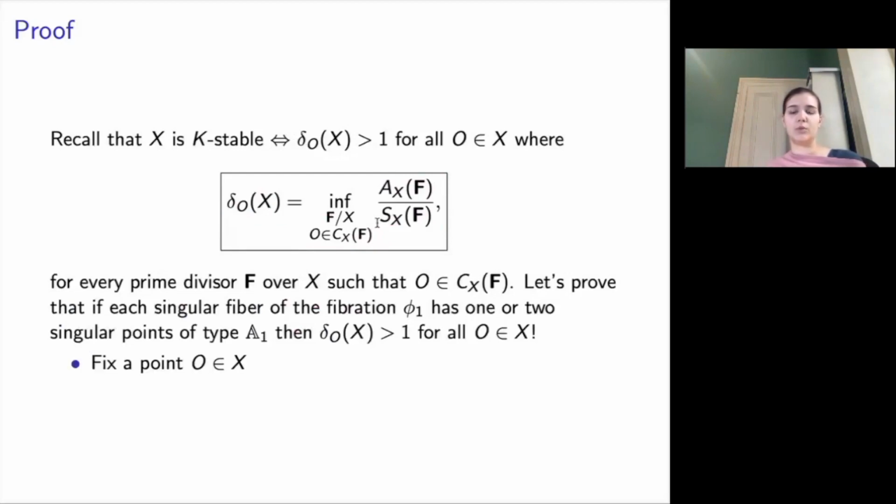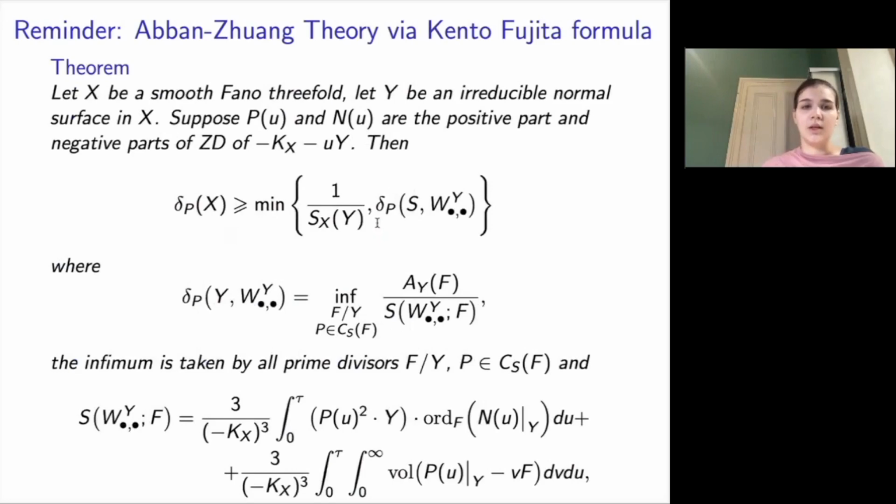So basically, we need to show it for all the points, all such points in X. So we start from any point O in X. We fix it. Now, as we mentioned in the first part of the talk, we need to estimate the global delta invariant.